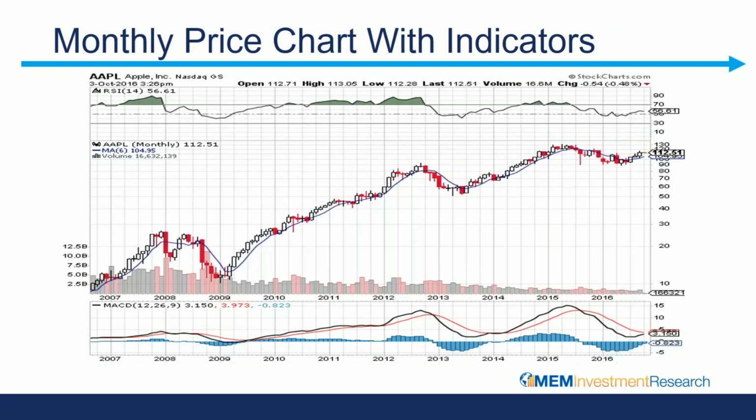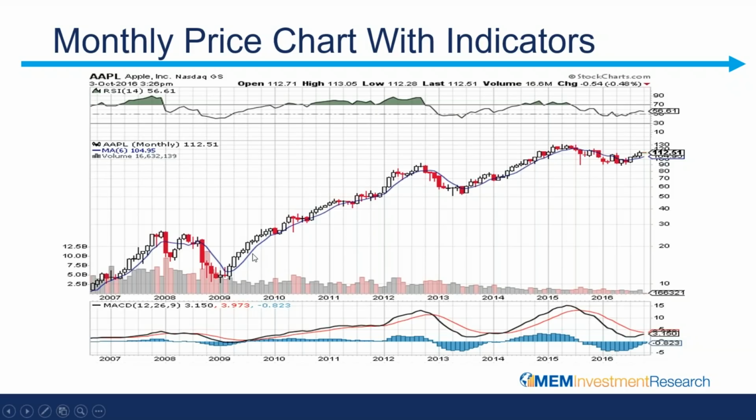And what I've done quite simply is overlaid 3 of the most powerful indicators that I have found in my many years of going through thousands of charts each week. I've found these 3 to really be quite simple, easy to use, but equally powerful. So what I want to point out to you here is on that monthly price chart, I've put a simple moving average I've overlaid.